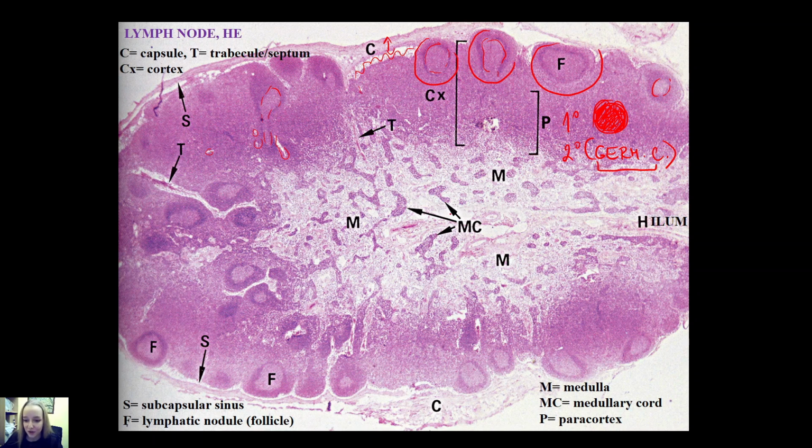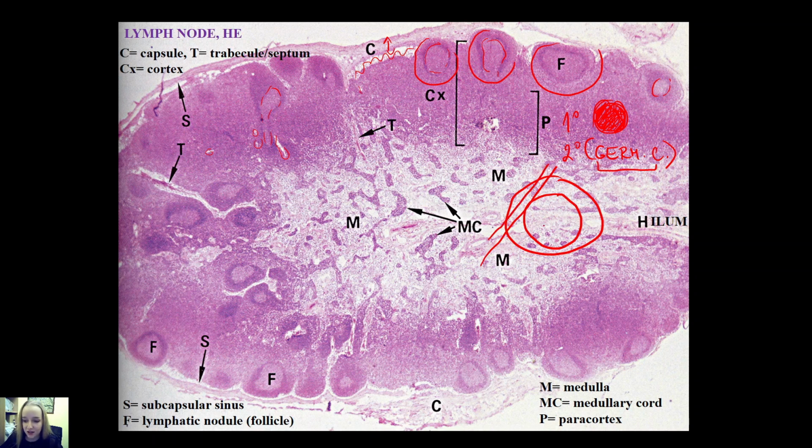So how does it look like really? This is, for example, a follicle, and here we have a germinal center in the center. So sometimes we will do a section through a follicle, and sometimes we are not really able to see the germinal center.